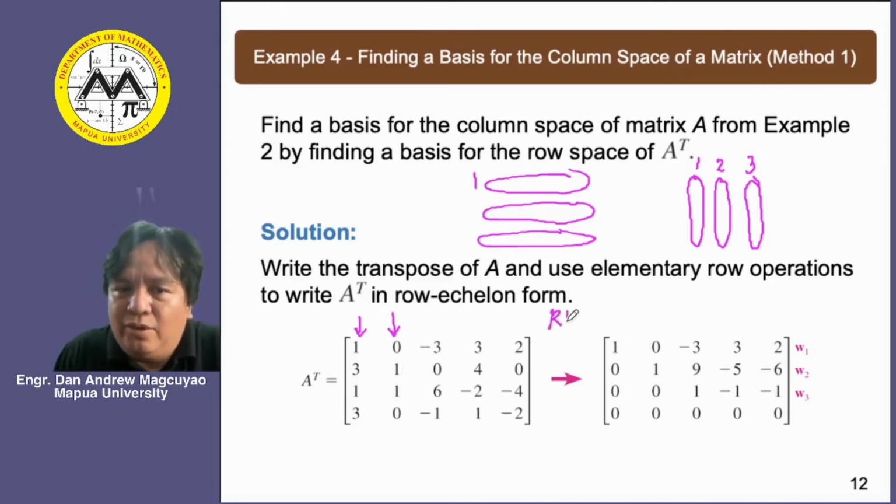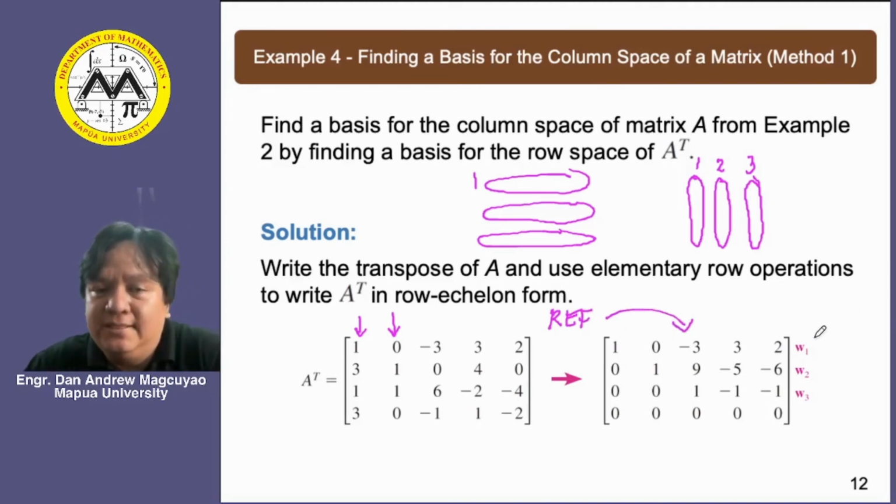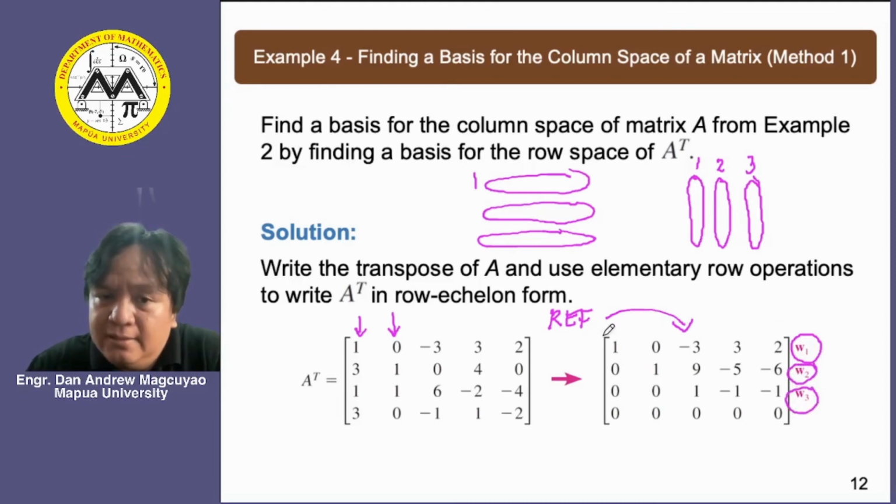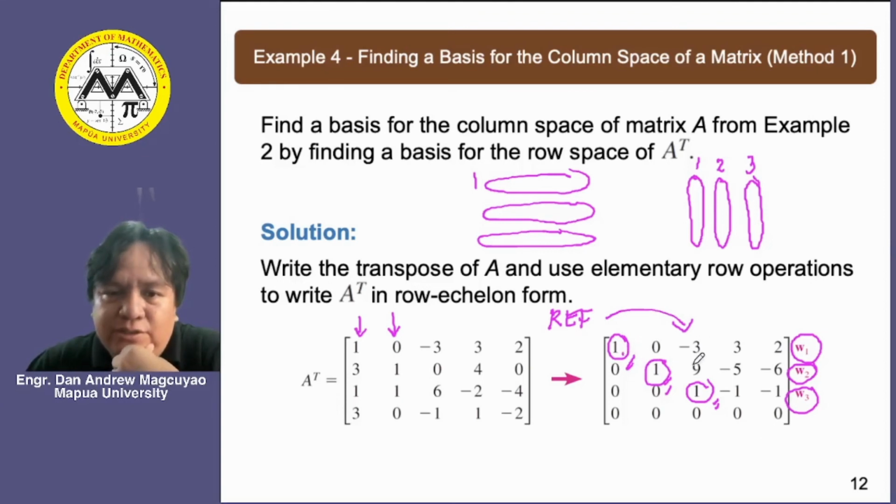Now again, we perform row echelon form, and this is the resulting matrix. From the resulting matrix, we're going to identify the non-zero rows, which identify the elements that form a basis. That would be the first, the second, and the third rows. Specifically, the first column, the second column, and the third column form a basis.